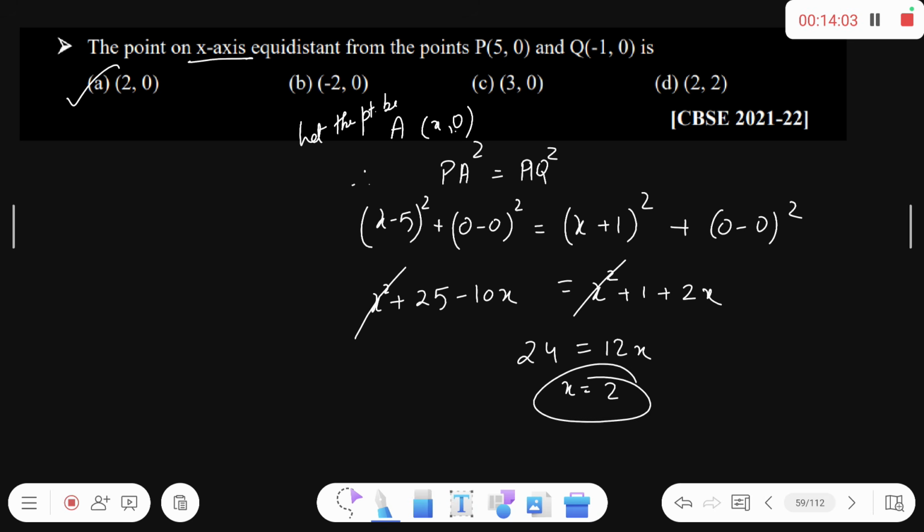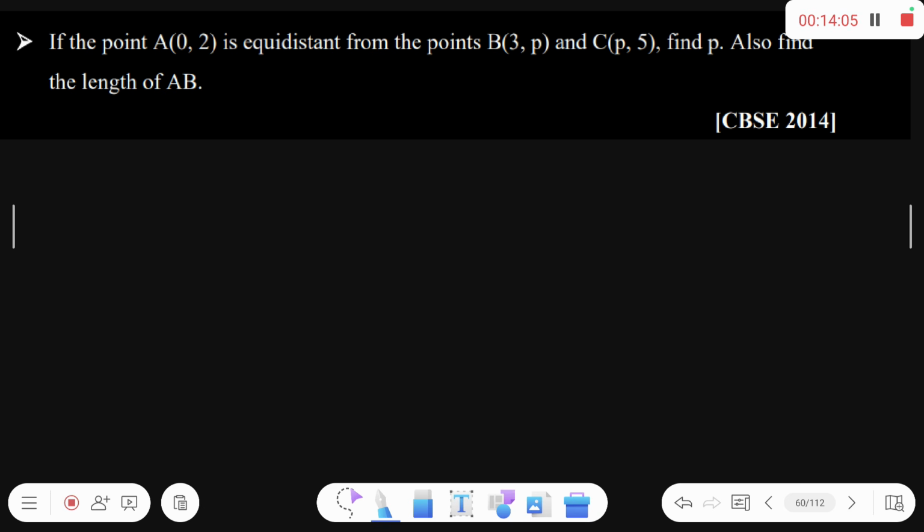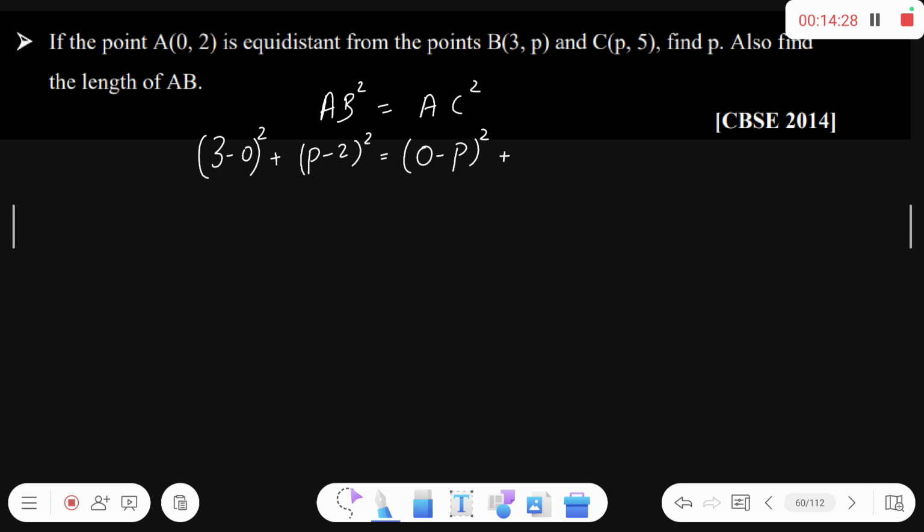A is your answer. Next is, if the point A(0, P) is equidistant from the given two points, then find the value of P. Again we can say AB whole square is equal to AC whole square. So (3 minus 0) whole square plus (P minus 2) whole square is equal to (0 minus P) whole square plus (2 minus 5) whole square.